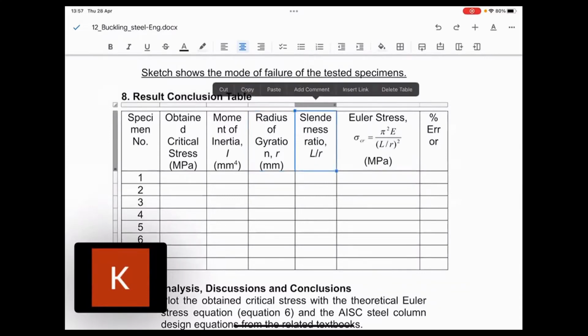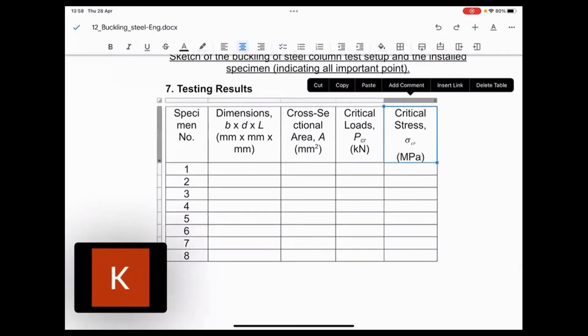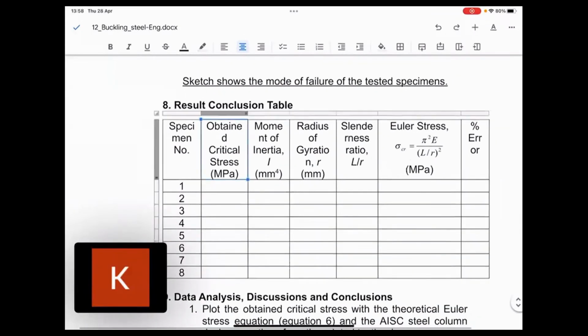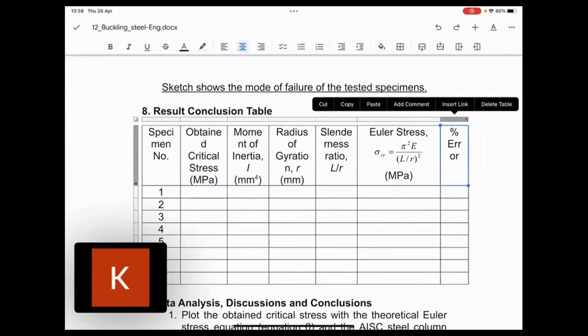And the slenderness ratio is L over R, where R is the radius of gyration. And then you have to calculate the Euler stress by this equation and compare it to the critical stress from the machine. And just find the error between the reality and the Euler stress in theory. How different?